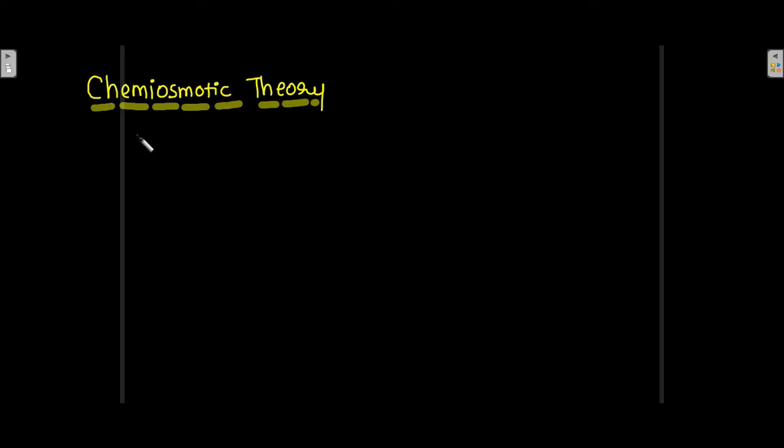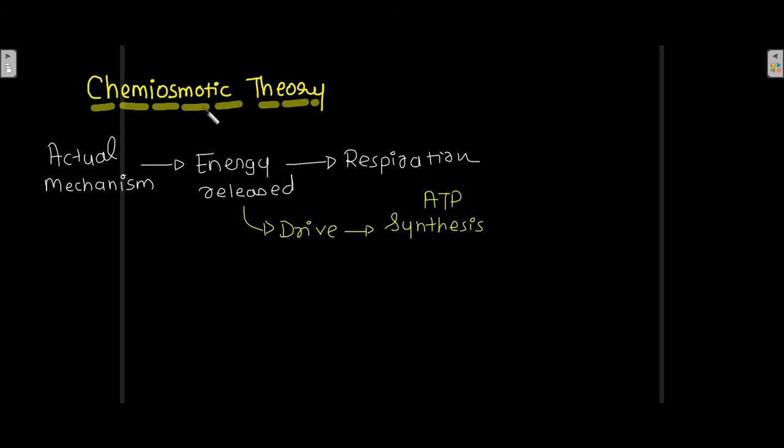Chemiosmotic theory. This chemiosmotic theory explains the actual mechanism by which the energy released from respiration is used to drive ATP synthesis. How ATP synthesis takes place from the energy of respiration is explained by chemiosmotic theory.